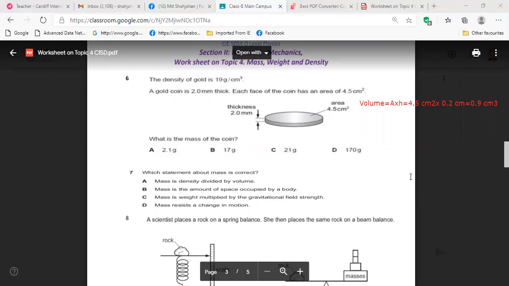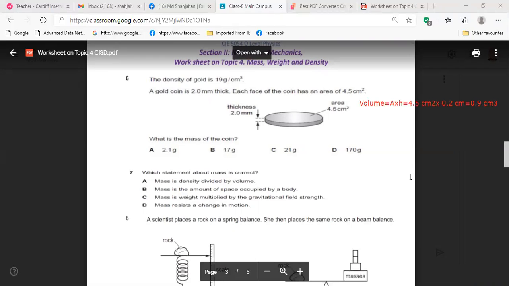That property of the object is called inertia. And if the mass is more, then inertia is more, right? So mass resists a change in motion.